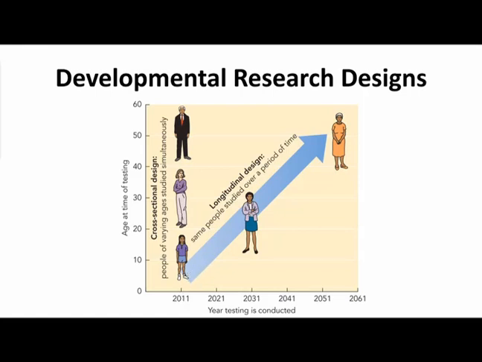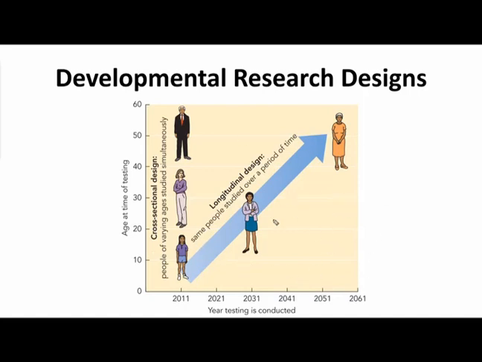For our longitudinal, that is this line here, where you would be measuring a group, the same person, who is 10 years old in 2011, who is 20 years old in 2031, and who is 50 years old in 2051.